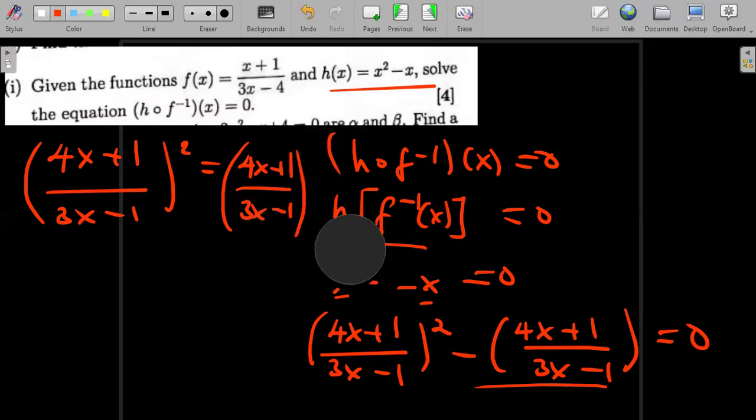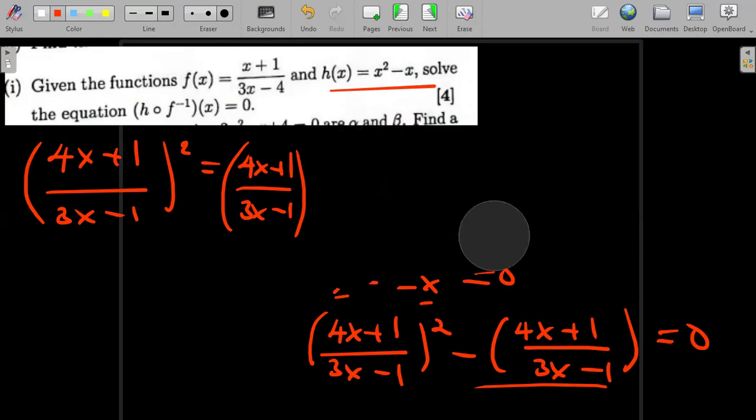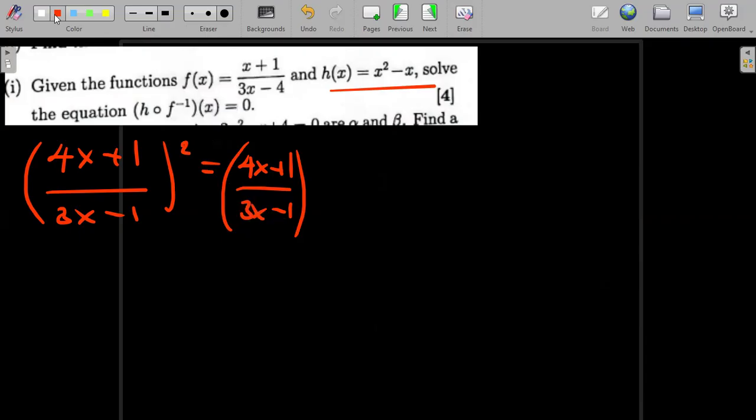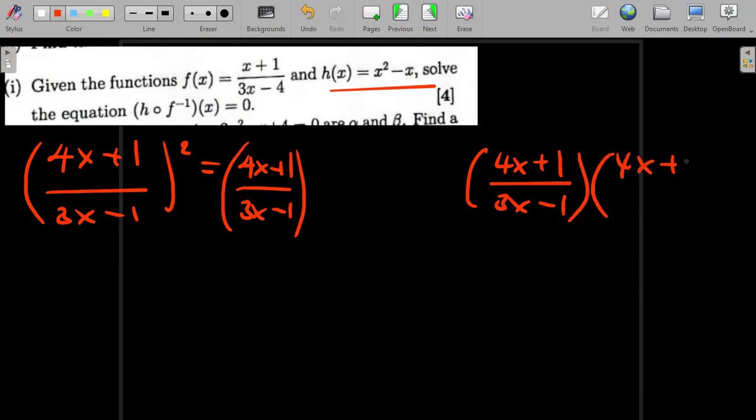Here, what I can do now is divide both sides. This (4x plus 1) over (3x minus 1) is multiplying by itself, two times. So that is the same as (4x plus 1) over (3x minus 1) times (4x plus 1) over (3x minus 1).